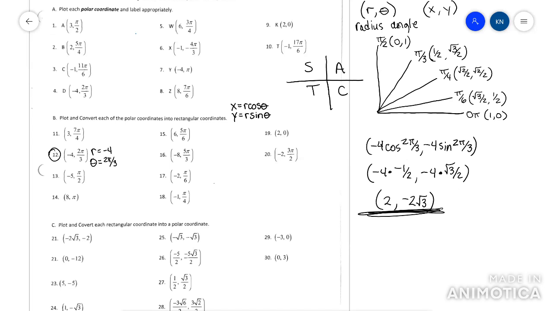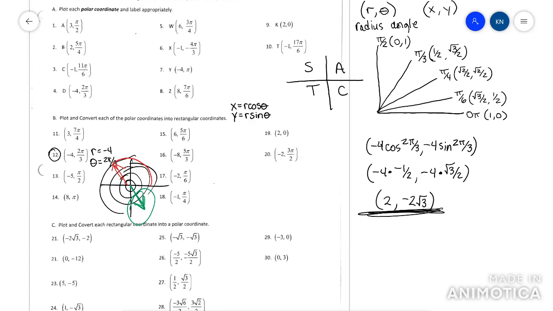Now the last thing I'll do is check it against the original. So here's the original, 4 circles 2 pi over 3, but with a negative r, so there's a pivot there. So 2 pi over 3 puts you here, but then there was the pivot, which would put you here.